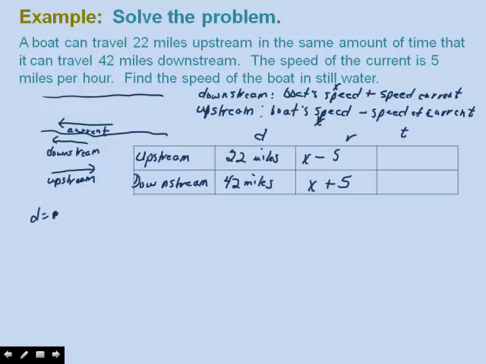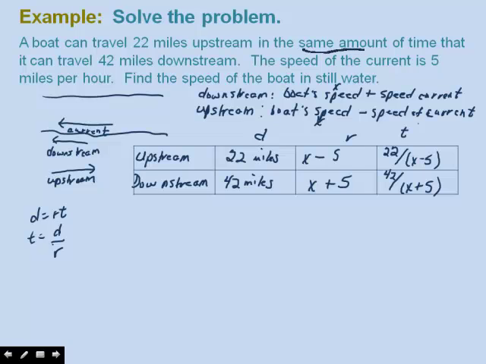So again, let's take our formula, d equals rt, and solve for t, which gives us d over r. That means we can fill in these boxes for the time by taking our distance and dividing by the rate. For this first one, we would have 22 over the quantity x minus 5. Second one, we would have 42 over the quantity x plus 5.